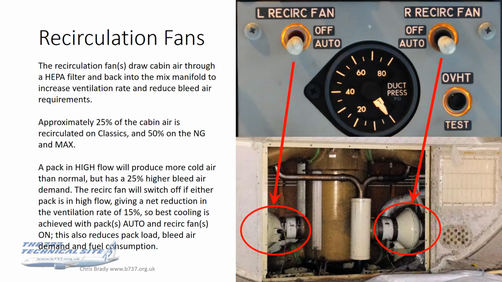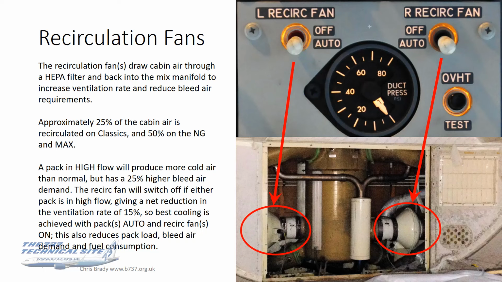They're incredibly efficient, and this hopefully gives us some comfort that even though part of the air we have in the cabin is recirculated, it is actually quite clean. Approximately 25% of the cabin air is recirculated on classics, and about 50% on the NG and on the MAX.